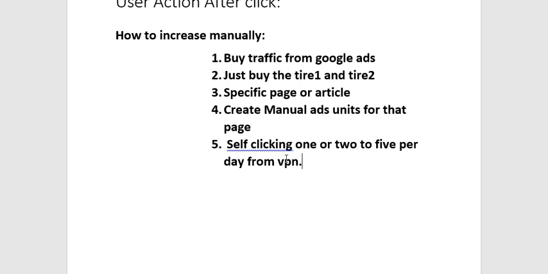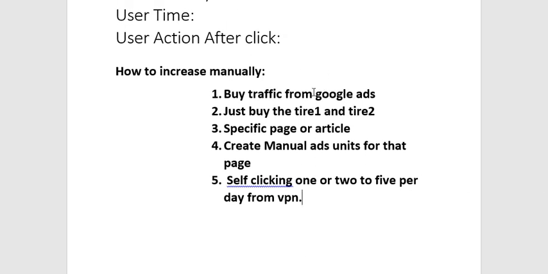You can do 2 to 5 clicks from those countries every day from a VPN, because if you are buying traffic from Google Ads, Google AdSense can ignore these, as it will think these users are coming from Google Ads.